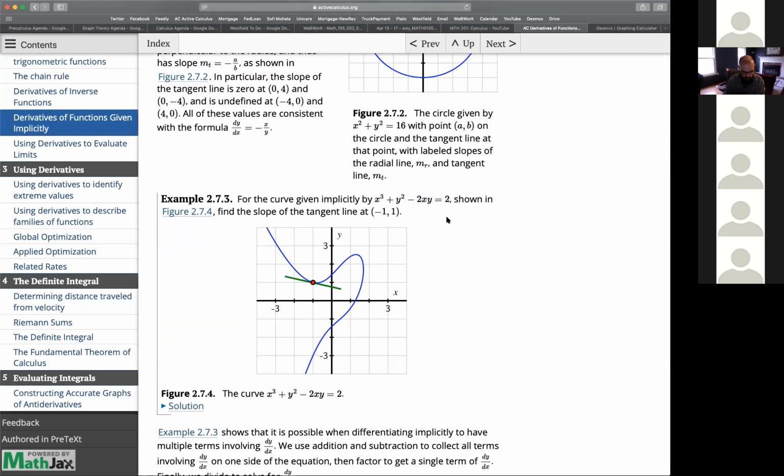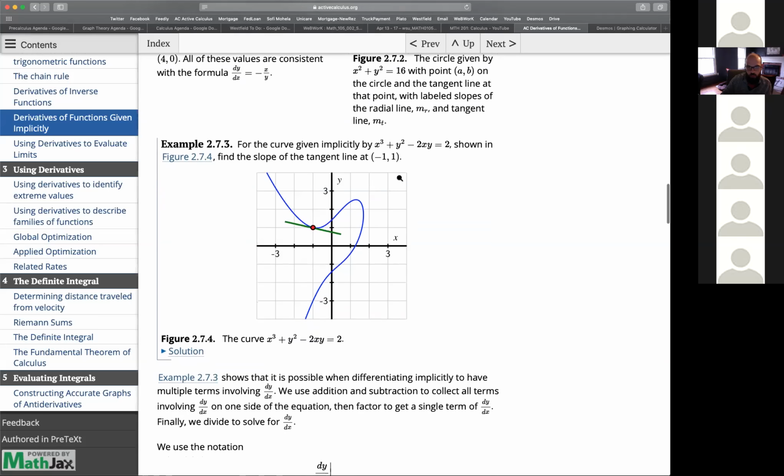If we look at this, what we're going to see is sometimes we can have other rules pop up, right? So you may have to use quotient rule, chain rule, or product rule. When we look at this problem, one thing I want to point out is we have a product going on.